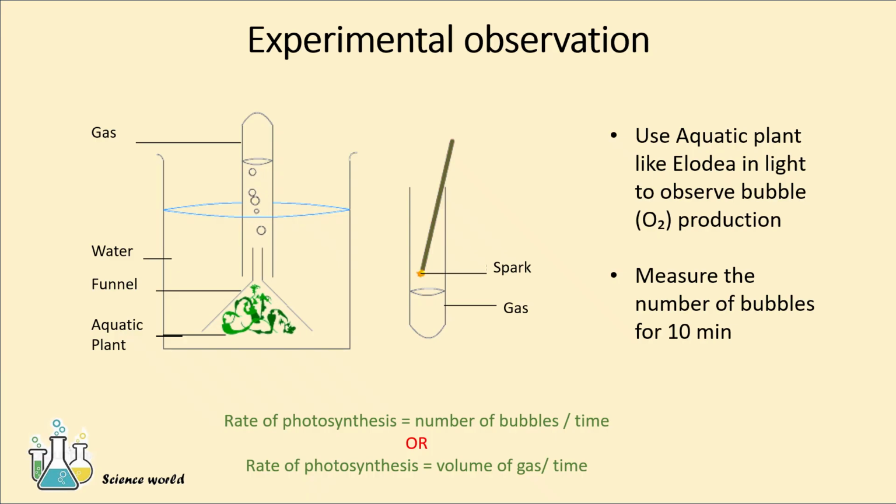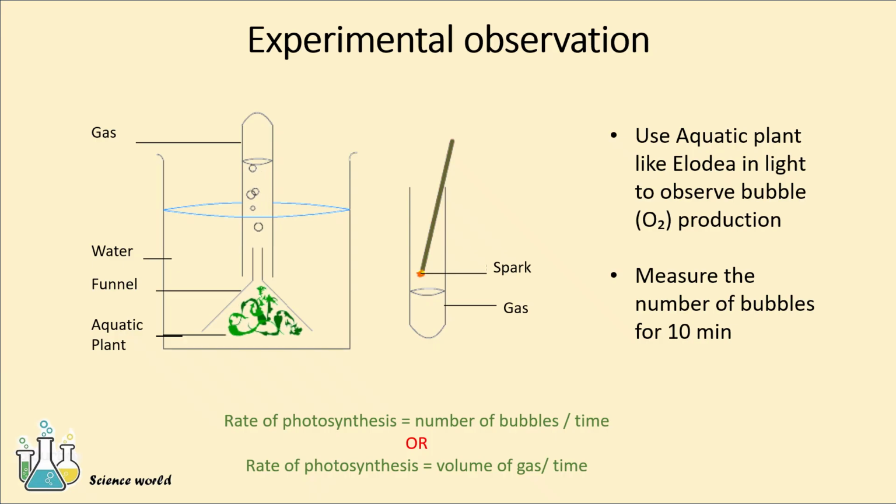The photosynthesis process can be experimentally observed by submerging an aquatic plant like Elodea in water in the presence of light and observing the bubble production, or the oxygen production. Here you can see an aquatic plant submerged in a water container, and the number of bubbles or the volume of gas produced as a side product of photosynthesis will be measured.